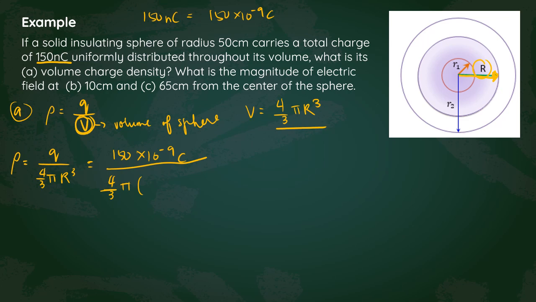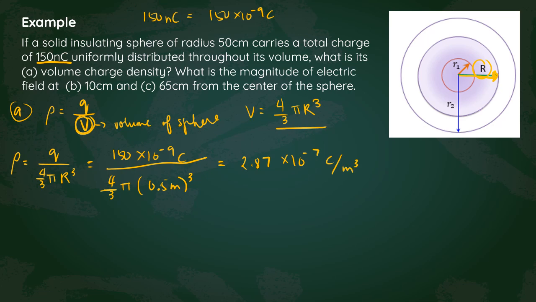Your radius is 50 centimeters. We need to convert that also into meters, and that will be 0.5 meters cubed. And what will be our volume charge density? So volume charge density will be 2.87 times 10 raised to -7 coulombs per cubic meter.